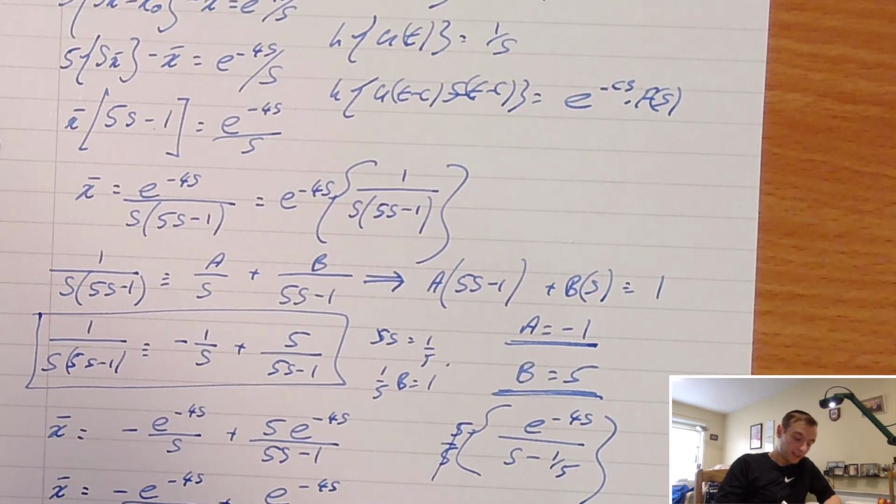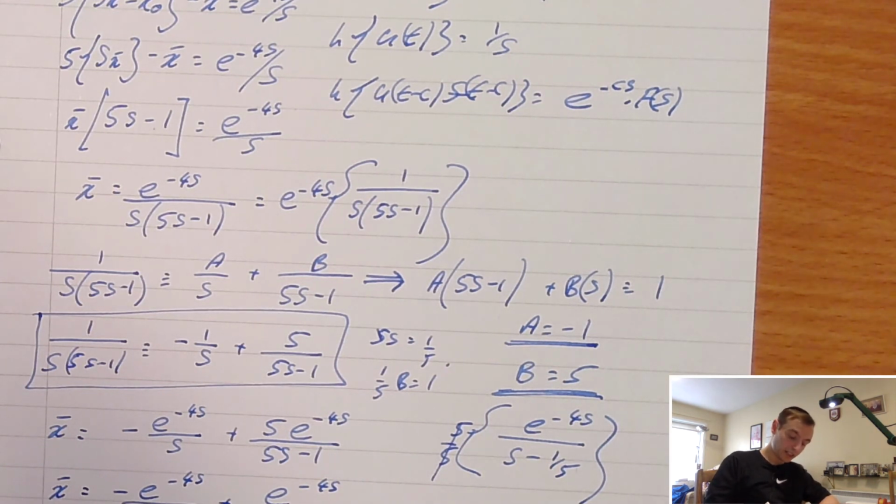And the function is 1 on s, which is going to be equal to 1. So that's just going to be minus u(t minus 4), plus the inverse transform of e to the minus 4s times 1 on s minus a fifth.